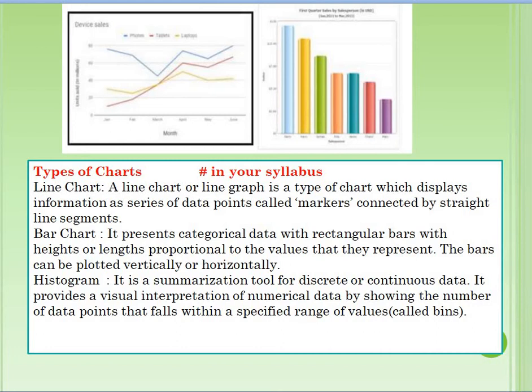Next type of chart is bar chart. It represents data with rectangular bars, and the height of the bar is in proportion to the value it represents. For example, if there is a bar chart showing the score of all of my students in the IP subject, the height of the highest bar is the marks of the highest performer.